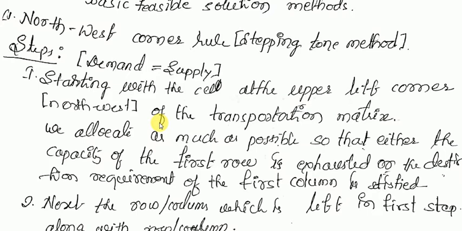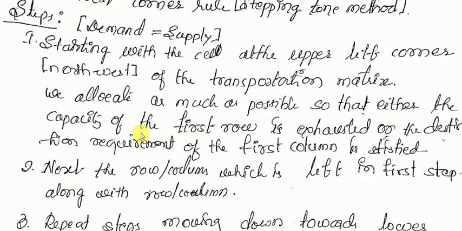Now, in the northwest corner rule method, starting with the cell at the upper left corner of the transportation matrix, we allocate as much as possible, so that either the capacity of the first row or the column, whichever is least, will be allocated for that particular northwest corner.